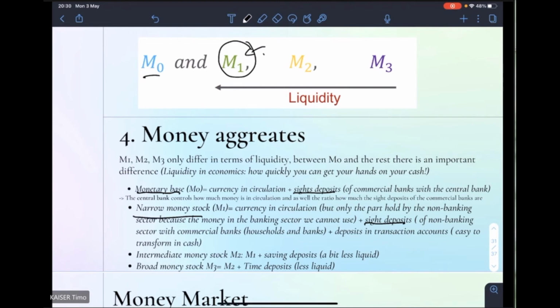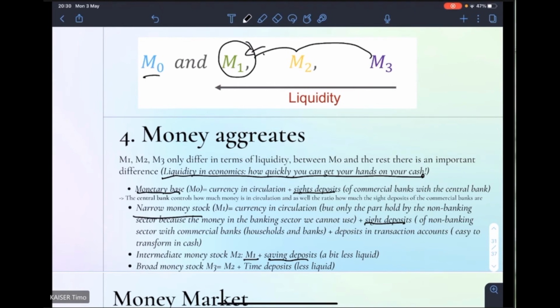And now what differentiates M2 and M3 is only their liquidity, because M2 is just M1, so everything that's included in M1, plus savings deposits, which are less liquid. We don't know much more about them by now, but they're less liquid, and it takes more time to get the cash, because the definition of liquidity is how quickly you can get your hands on your cash.